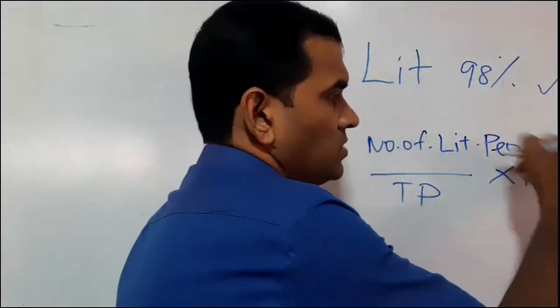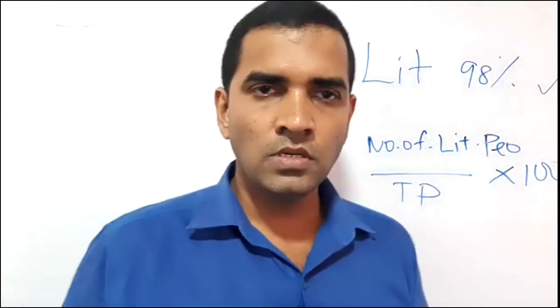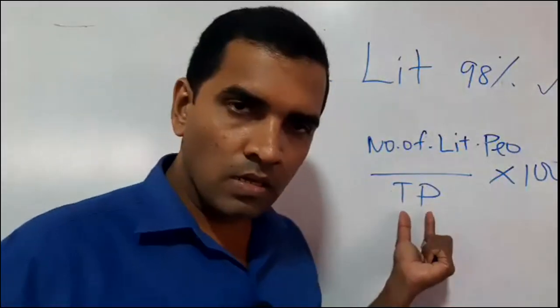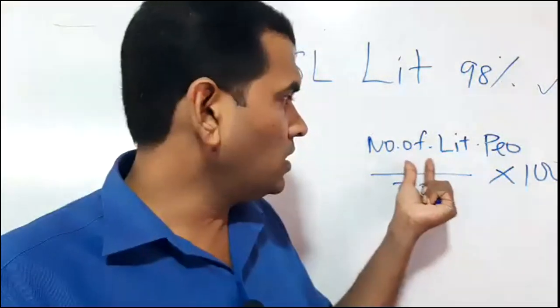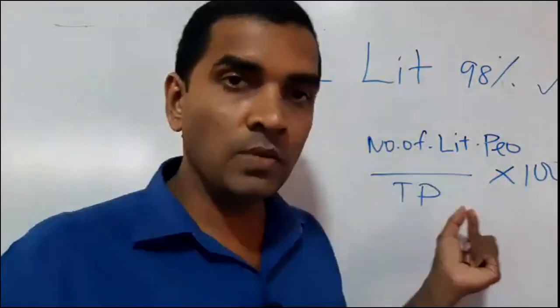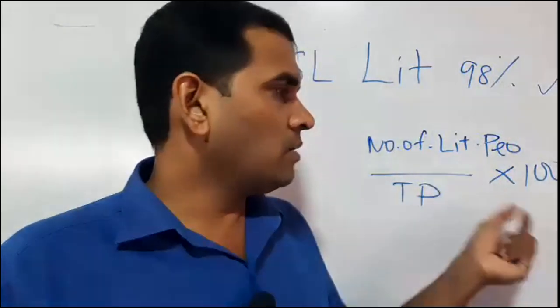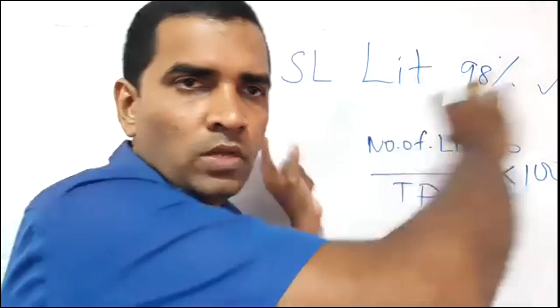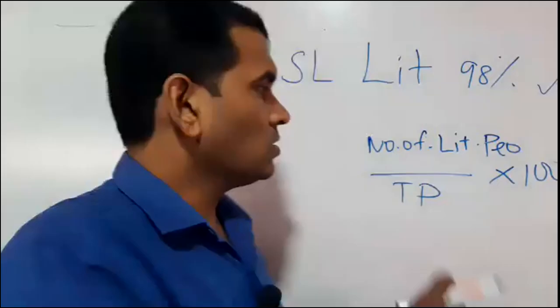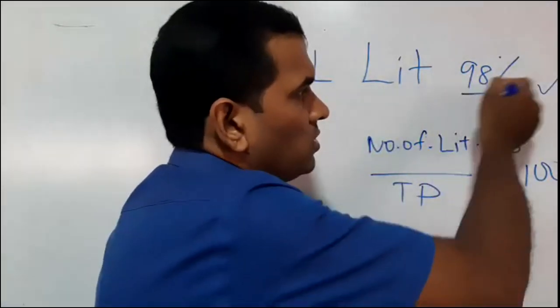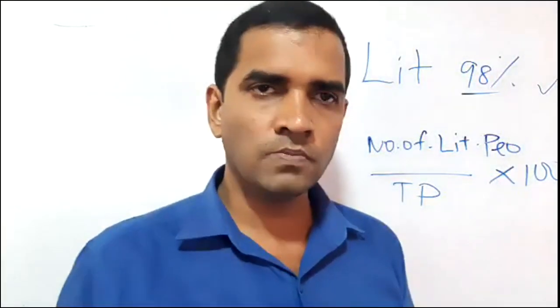It must be taken as a percentage. So they take the total population and find the number of literate people, and according to this format they find the percentage. So if it is calculated, 98% is obtained.